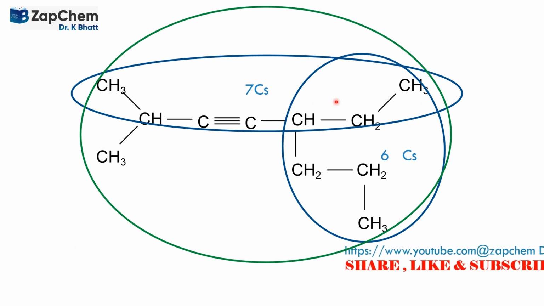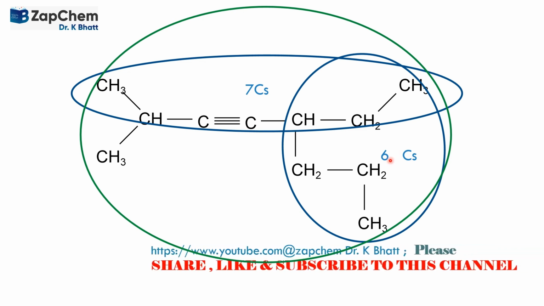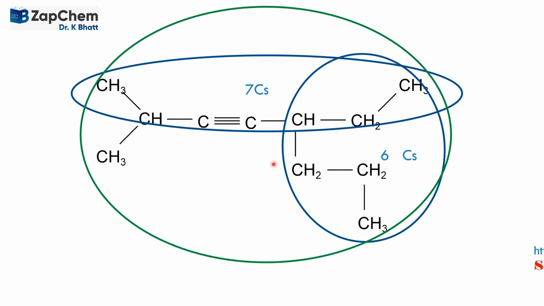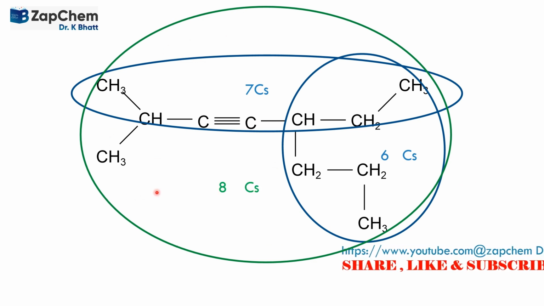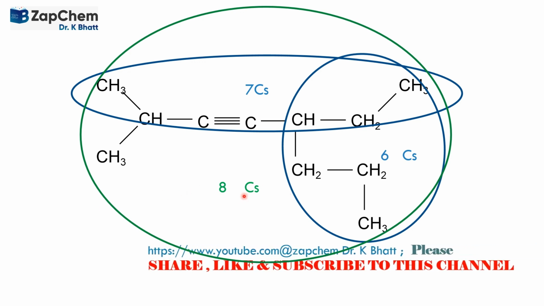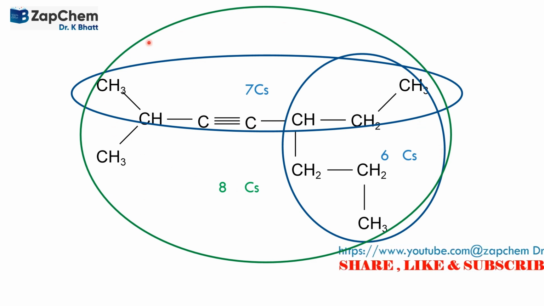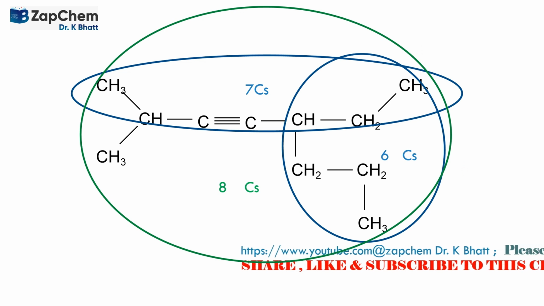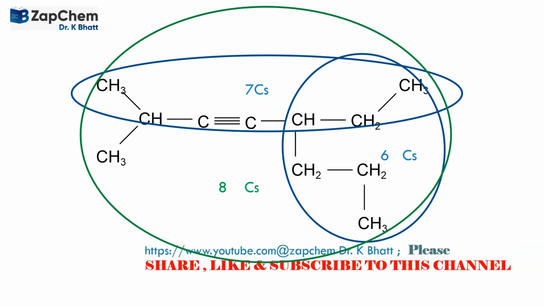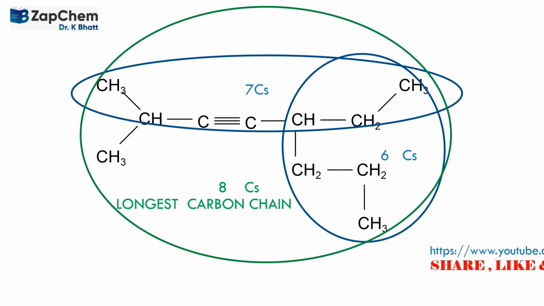Of course, we cannot call them the longest chain yet. And there is another chain represented by green curves here, an 8 carbon chain. So this would be the longest chain, containing 8 carbon atoms, and accordingly we shall give priority to this chain and number it.